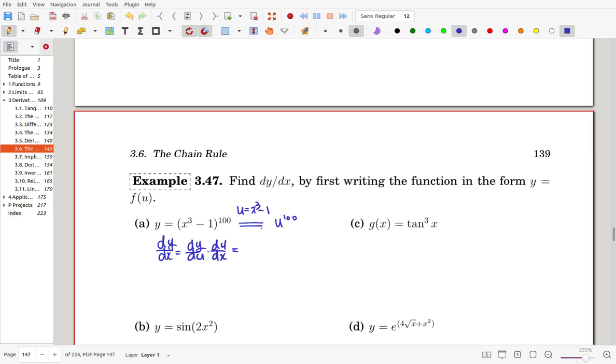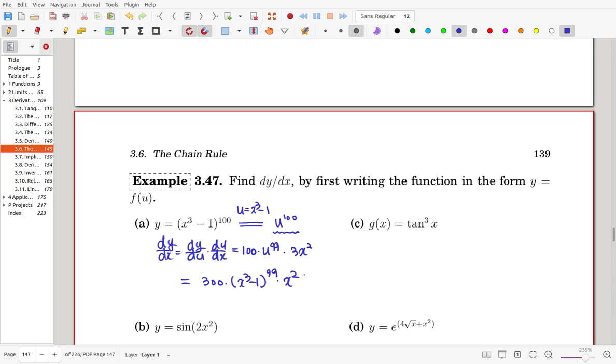So dy over du of u to the 100, by the power rule, is 100 times u to the 99, 100 minus 1. Now times du over dx, which is 3x squared. So here the constant is 300, u is now x cubed minus 1 to the 99, and we have the extra x squared.